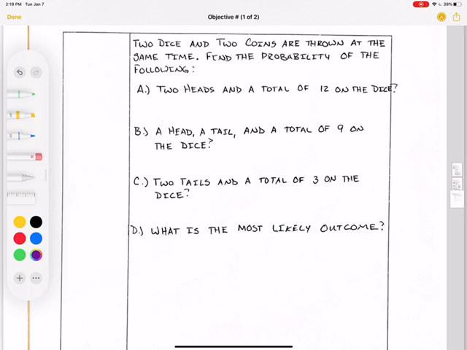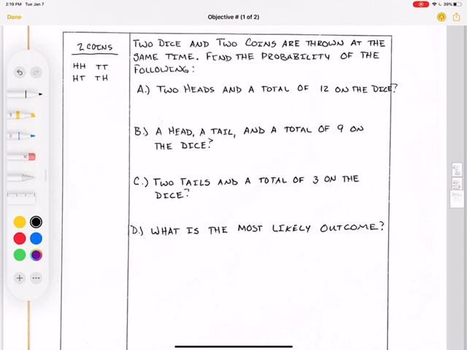Lastly, 2 dice and 2 coins are thrown at the same time. Find the probability of the following. So first off, let's just worry about what we just read. I have 2 coins. When I roll 2 coins, I have these options: heads, heads; tails, tails; heads, tails; tails, heads.